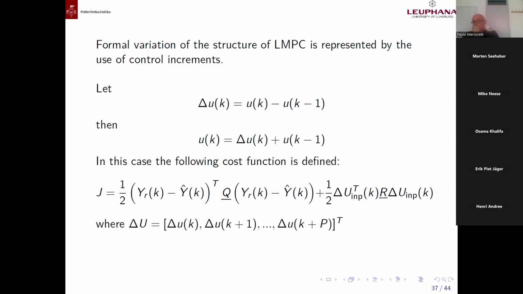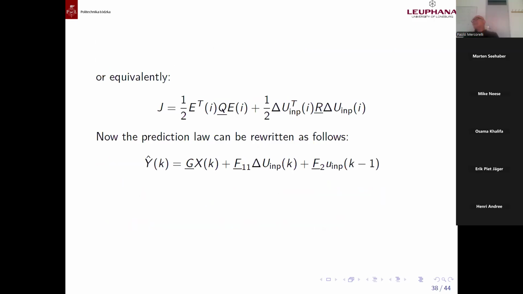control input. Very often we can realize that this gives a little bit more accurate results. Here we have this form. And if you consider now the constraint or the prediction, the prediction can be split in the same way.